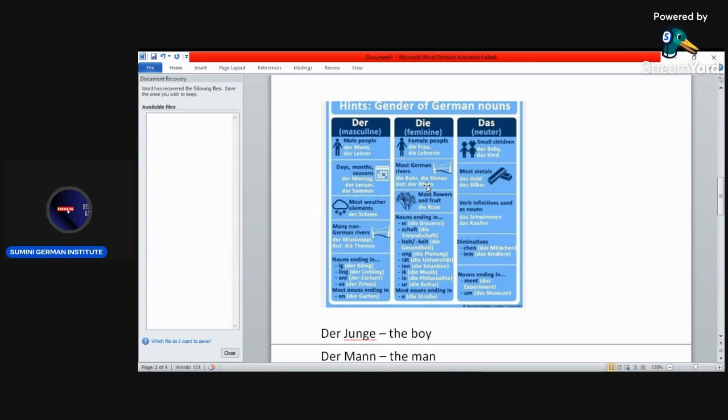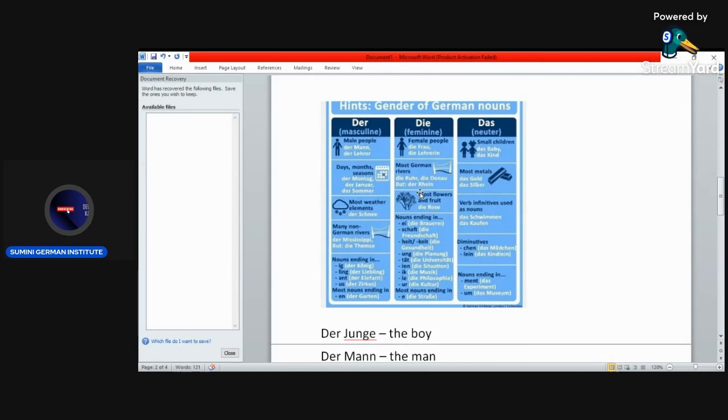Number 2, most German rivers. If a river is found in Germany, they will use die. For example, die Ruhr, die Donau. Except there's an exception here, the Rhine.